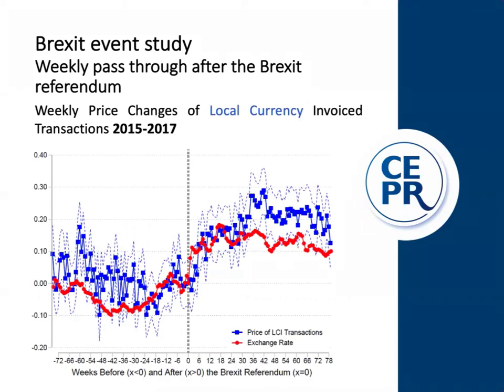Here, exchange rate pass-through into import prices in the first 6 months after the Brexit depreciation is essentially 0. But over time, when measured in sterling, the prices are creeping up. Not surprisingly, the inputs are probably creeping up. But we see here that it's moving more than the exchange rate.